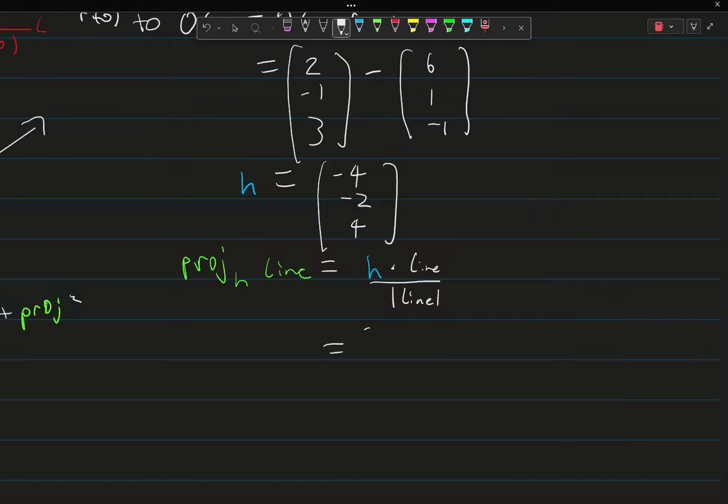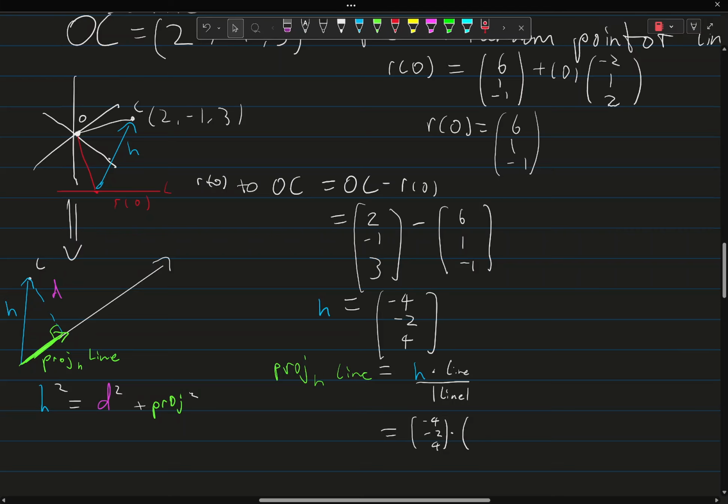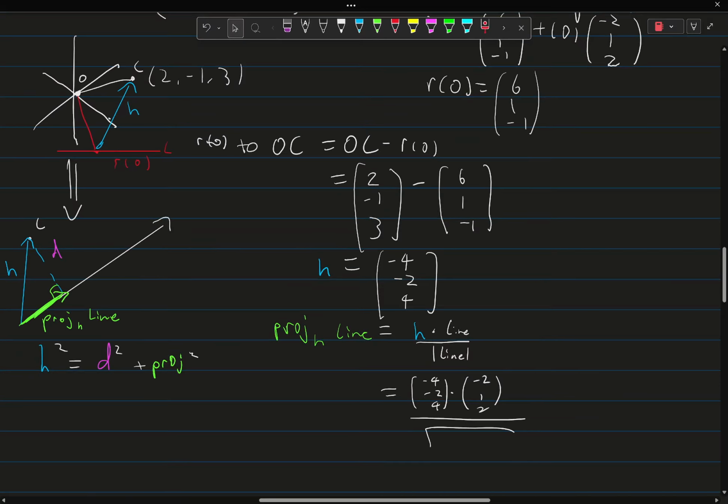So we have -4, -2, 4 dot the direction of the line, -2, 1, 2, and we divide by the magnitude of -2, 1, 2, which is the square root of 2 squared plus 1 plus 2 squared.